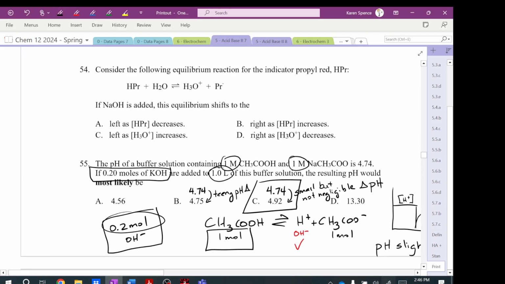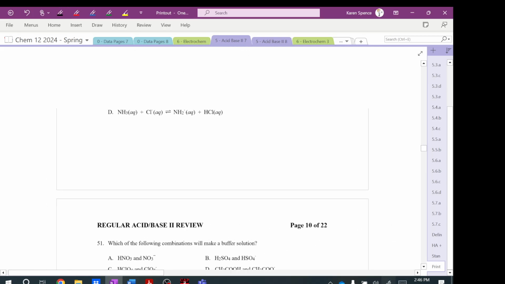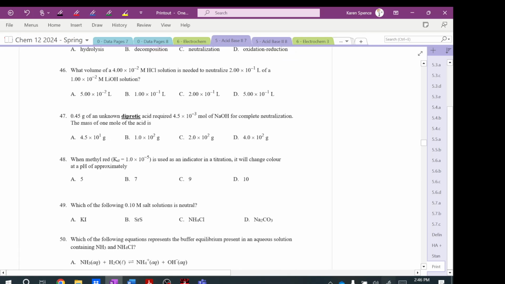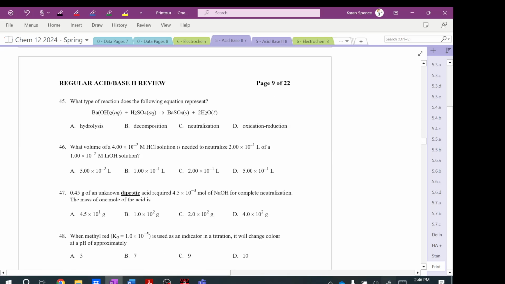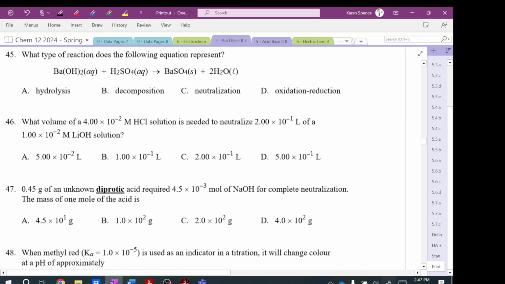46. Okay, what volume of HCl solution is needed to neutralize? I'm going to just call this 0.2 liters because that's a nasty number. And that is 0.01 molar LiOH. So whenever I'm doing a neutralization, I'm usually looking at moles.